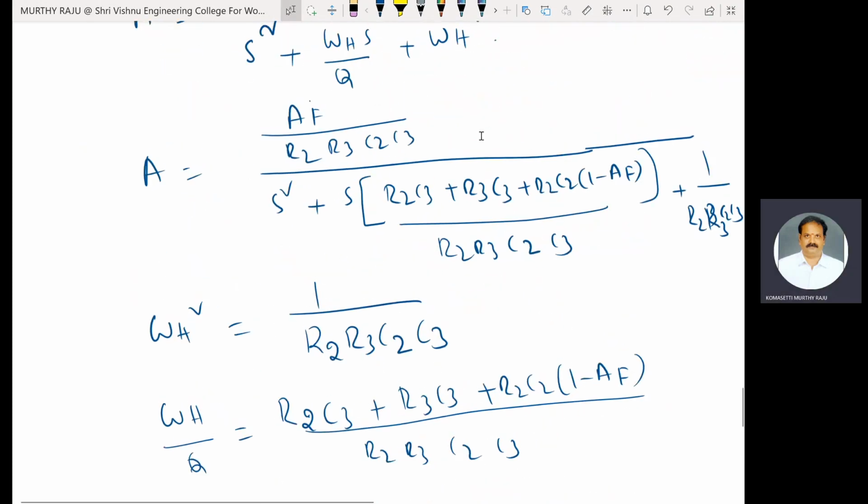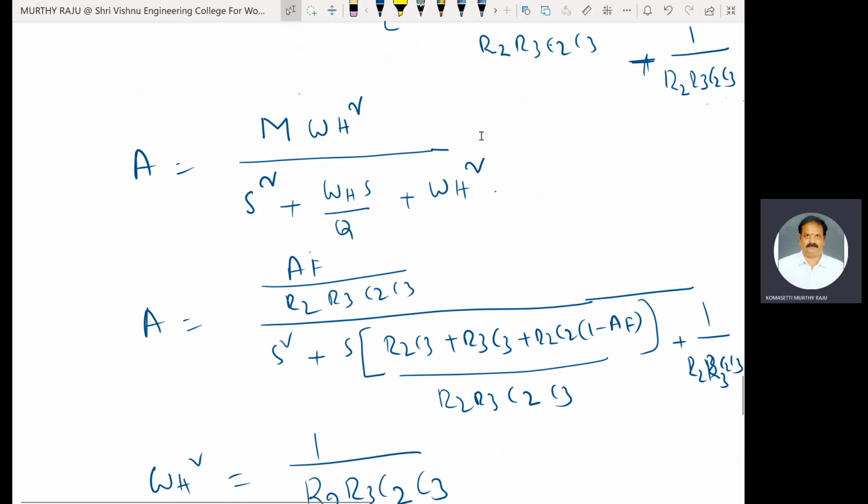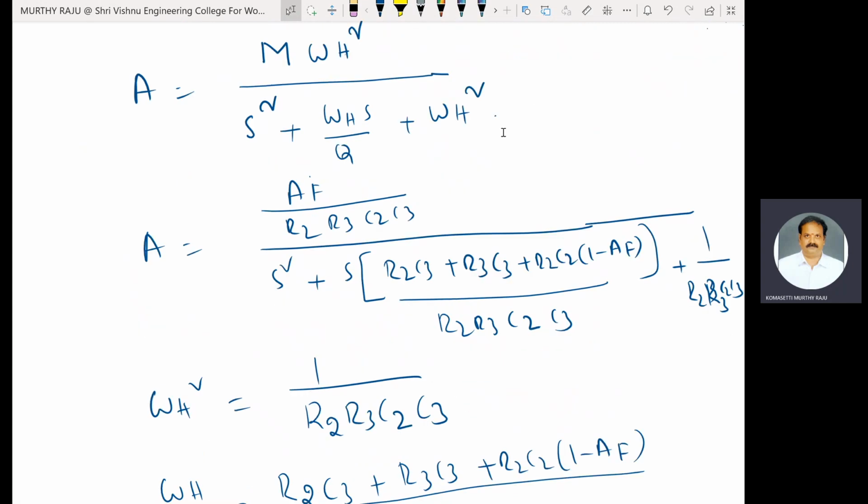This is the A is equal to M omega H square by S square plus omega H S by Q plus omega H square. If R2 is equal to R3 is equal to R, C2 is equal to C3 is equal to C, I have to obtain some values.